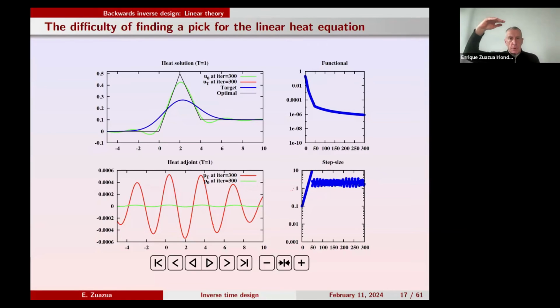The condition number is the ratio between the largest eigenvalue and the smallest eigenvalue of the dynamics you are considering. But here the gap is infinite, which means that after a few iterations the step size becomes nearly zero, and therefore progress is really negligible.